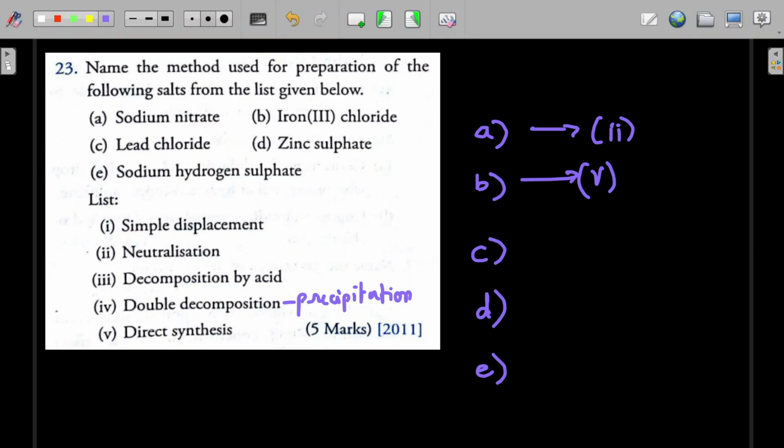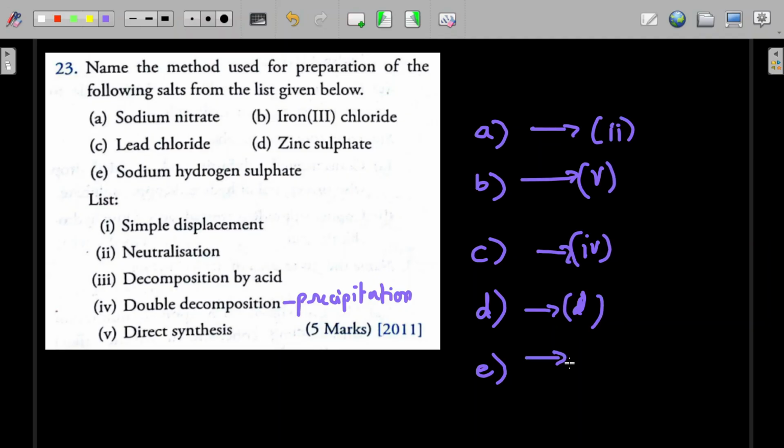Dhruva, tell me C, lead chloride. Chloride of lead, lead chloride, lead sulfate, lead carbonate, they are all precipitates, isn't it? Okay, zinc sulfate should be simple displacement.